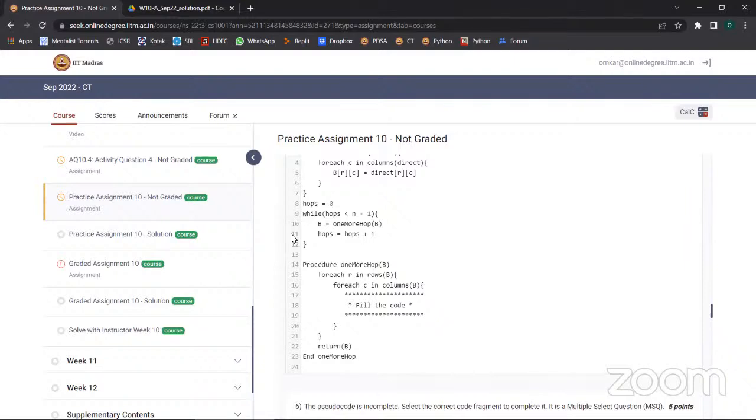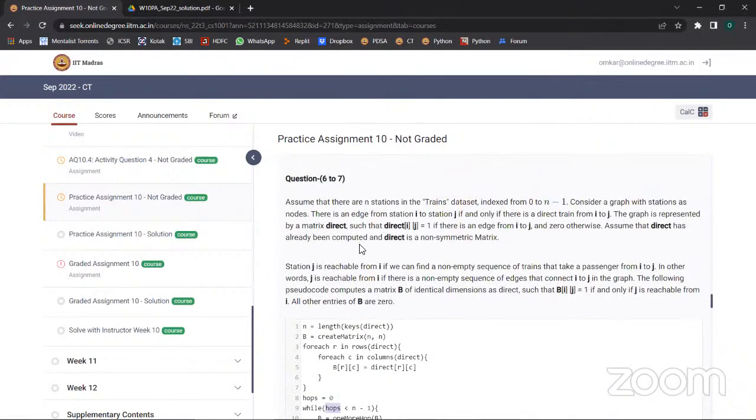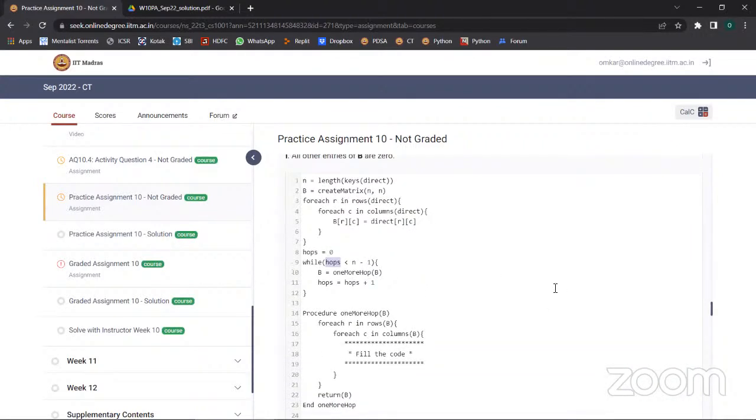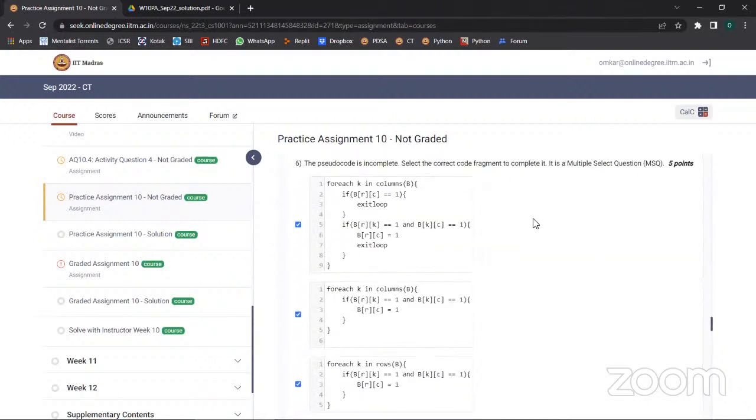We might visit multiple nodes in between. Because that's the procedure which we are calling again and again depending on the value of hops. If we say 2 hops, then using 2 hops we can go from I to J.